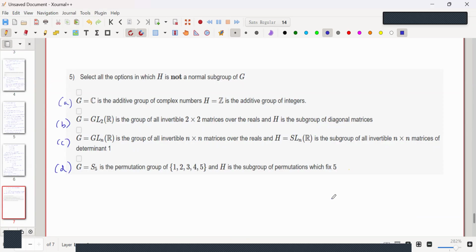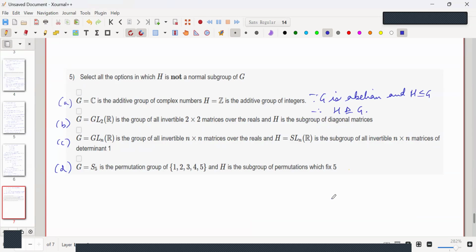Yes, sir. It's abelian. So since G is abelian and H is a subgroup of G, therefore H is normal in G. Okay. What about the second one?